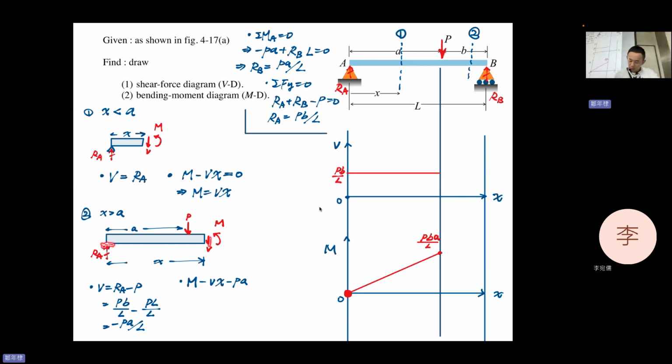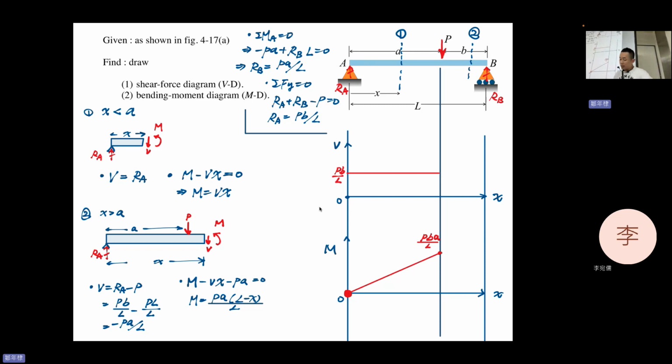This one, okay? V with the x is forcing on clockwise, minus P with a is forcing on clockwise, and minus Vx minus PA equal to 0. So your M equal to PA times (L minus x) divided by L. Okay, so V and M.